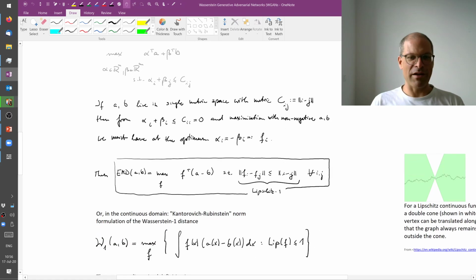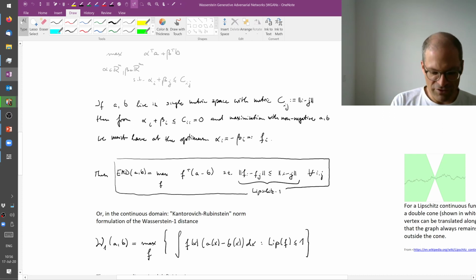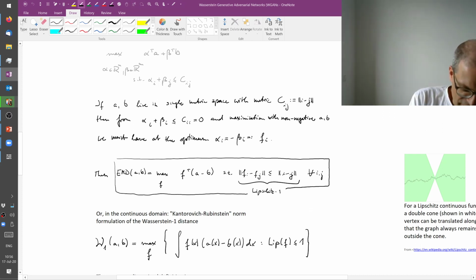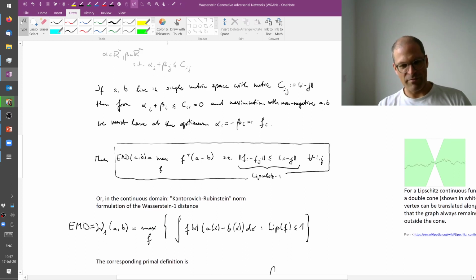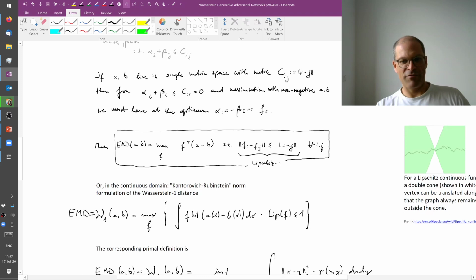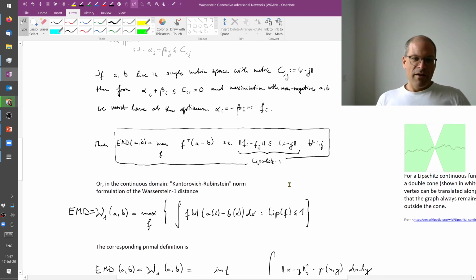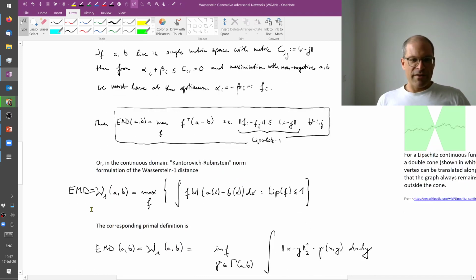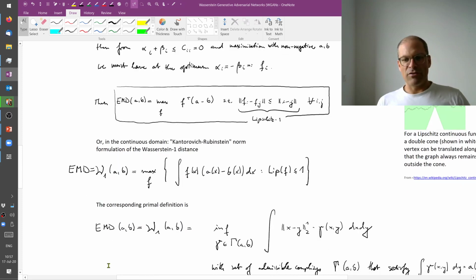You can properly formulate this in the continuous domain, where this earth mover's distance, which is also known as the Wasserstein distance, is given by this expression here, the integral over f of x times a of x minus b of x, such that the function is Lipschitz 1.